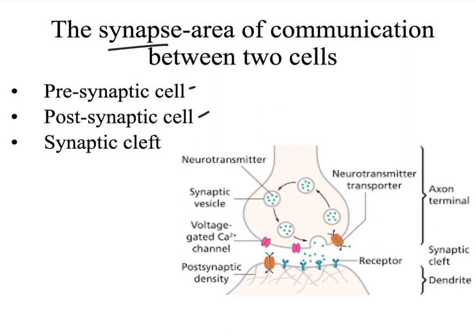And the vast majority of synapses in your body will have what's referred to as a synaptic cleft, which is this gap between these two neurons. There are a few specialty types of synapses that do not have a synaptic cleft, but we'll mention those later.